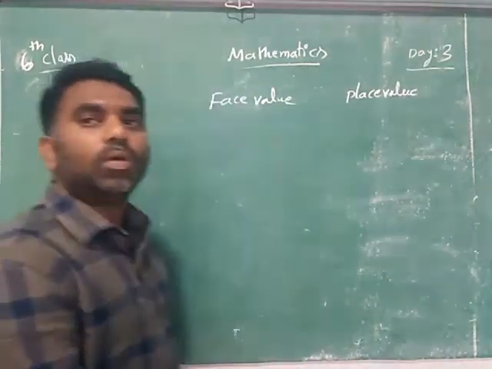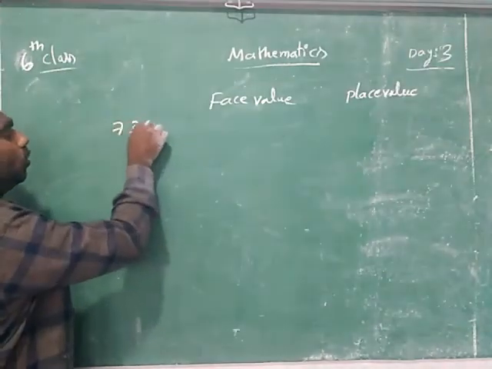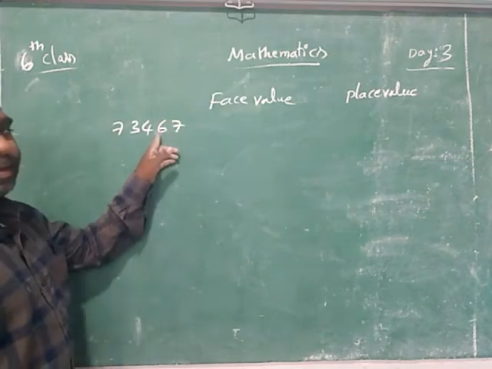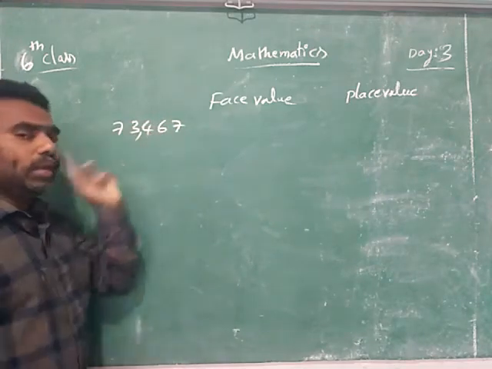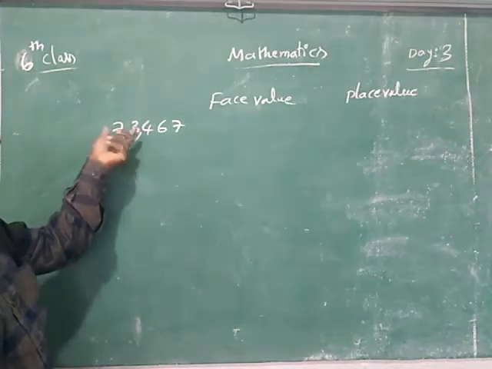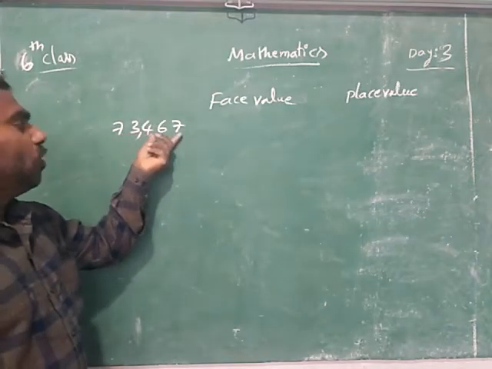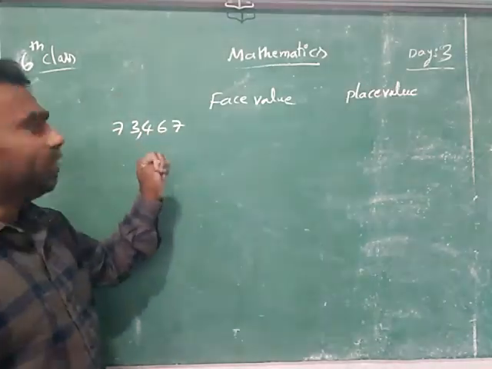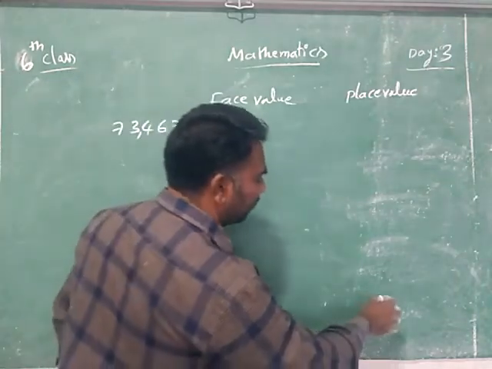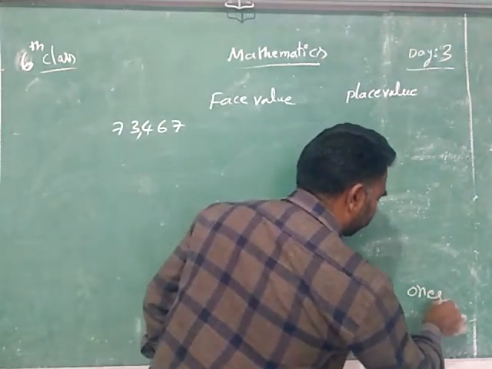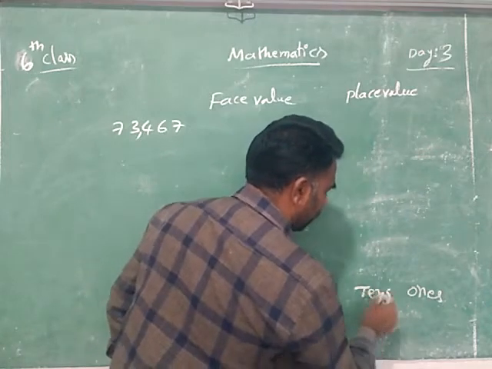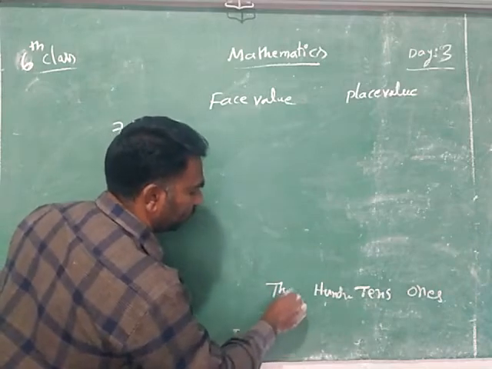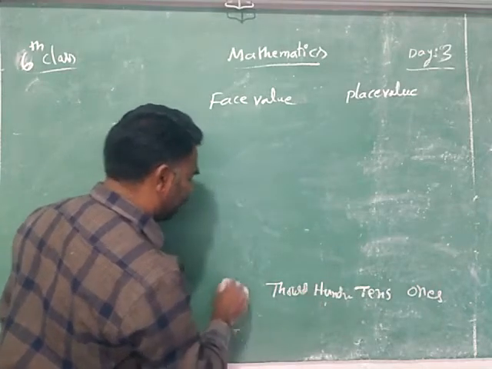Suppose I have given this number to you. I think you can read this. Ones, tens, hundreds. After the hundreds, you will keep the comma and you will read this as 73,467. When you are counting the places, you will say: ones, tens, hundreds, thousands, and 10,000s.